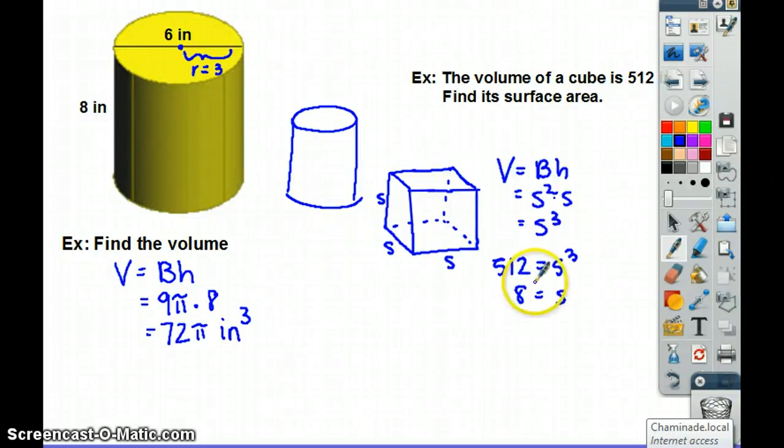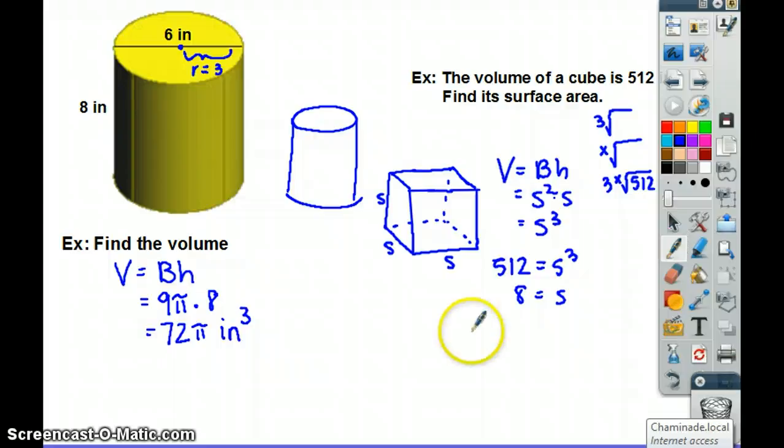Some of them you're actually going to see a cube root button. Some of you are going to see a button that looks like this, in which case you're going to tell it you want the cube root, and then you're going to type in 512. So you're going to have to experiment a little bit with your calculator to find out how that works. And when I get back, if you're still having trouble, I can help you out.